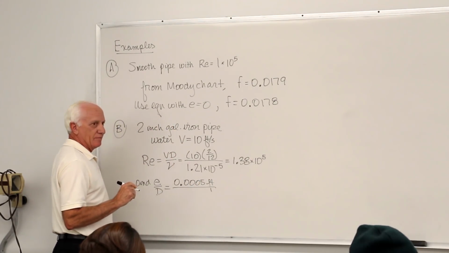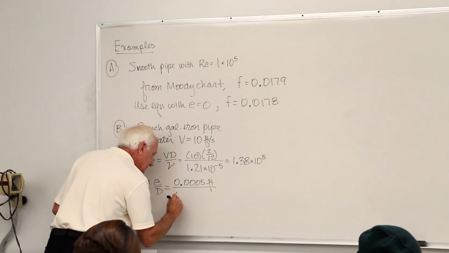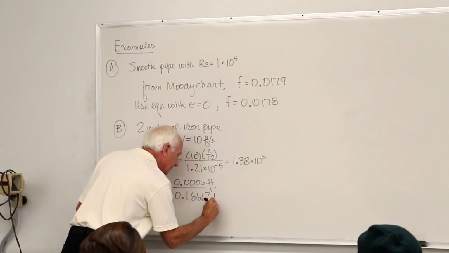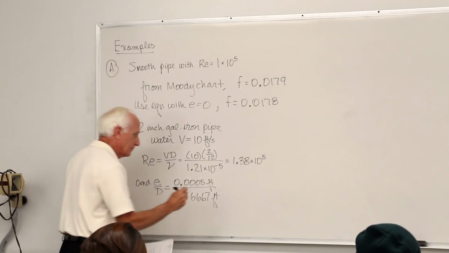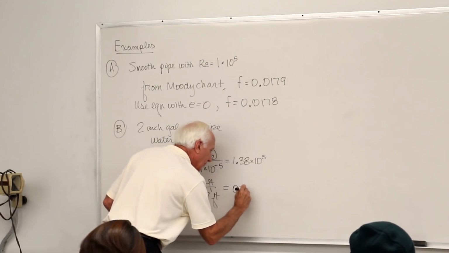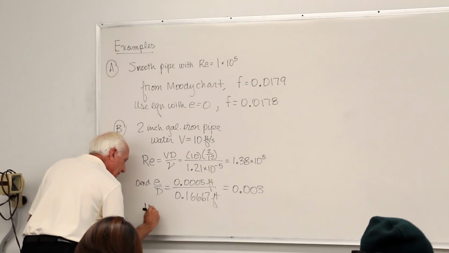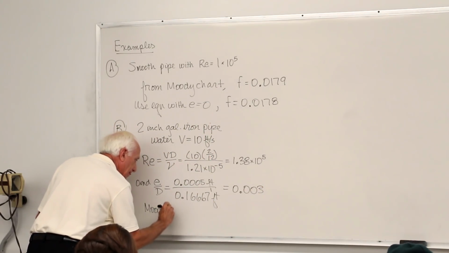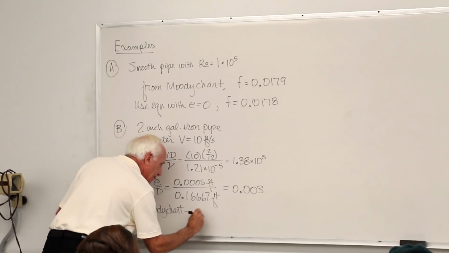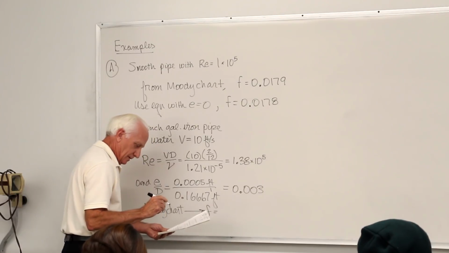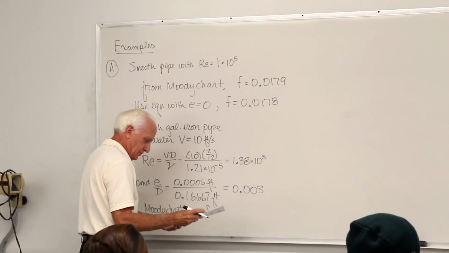The diameter, 2 divided by 12, 0.16667 feet. E over D is 0.003. Moody chart, F equal 0.027.